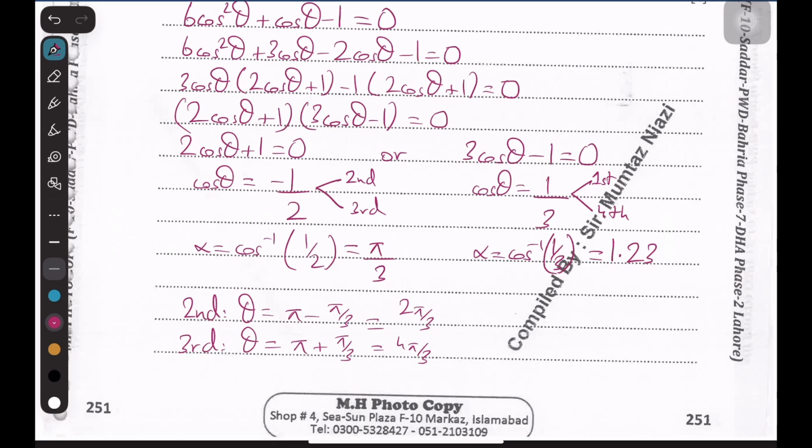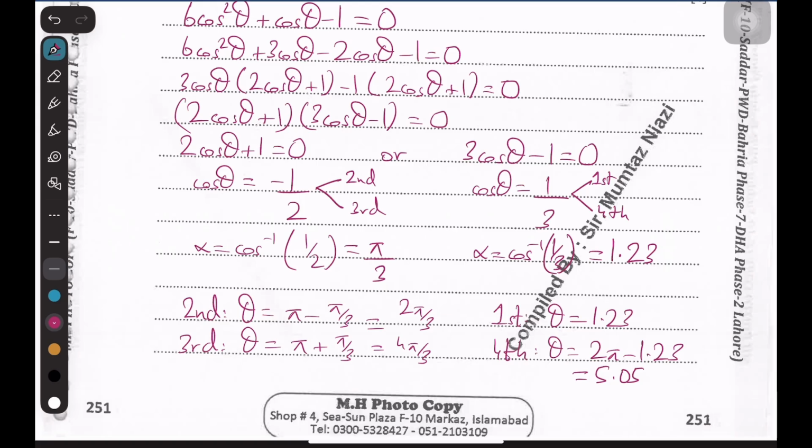Over here, first quadrant, theta will be equal to alpha, and fourth quadrant, theta will be 2 pi minus alpha. Let's see what that is, which is 5.05.